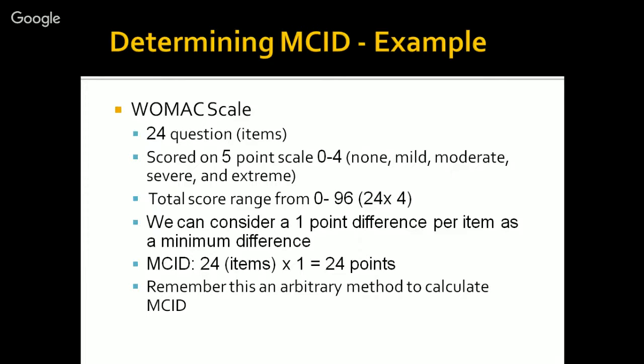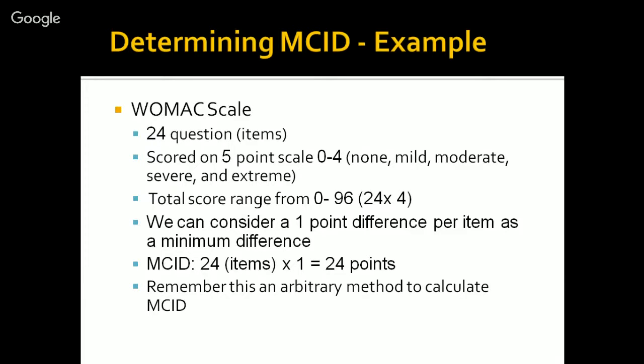So I've given a WOMAC scale, one of the common outcome measures used in osteoarthritis knee conditions. The WOMAC scale has 24 questions or items. These involve problems related to sitting, standing, walking, climbing stairs, stiffness, and so on.